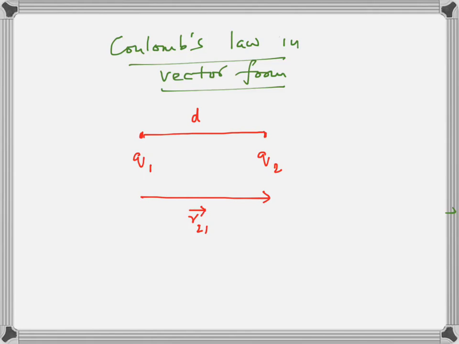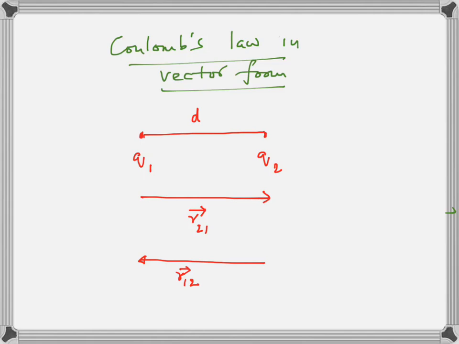This is actually the position vector of 2 with respect to 1. That means if I stand at the location of the charge q1 and draw a position vector to q2, it gives me the position vector of 2 with respect to 1. Similarly, I can define the position vector of 1 with respect to 2.